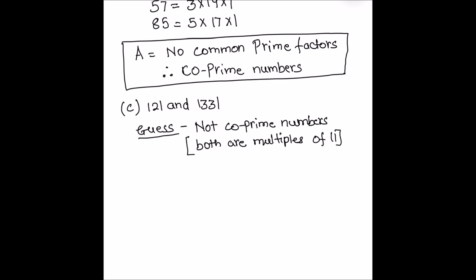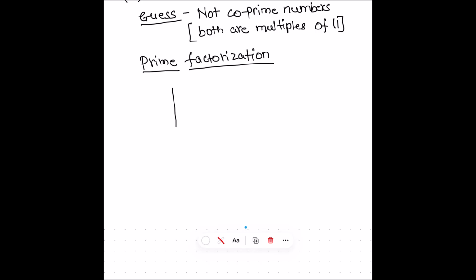Now let's see by prime factorization. So here I am going to do 121 first. So first we'll divide it by 11 because 11 is the factor. 11 times 11 is 121 and 11 times 1 is 11. Next is 1331. Here too we have 11 as one of the factors. So 11 times 1 is 11.